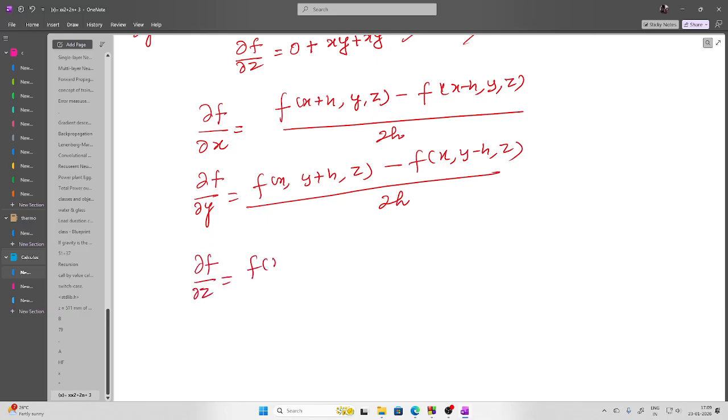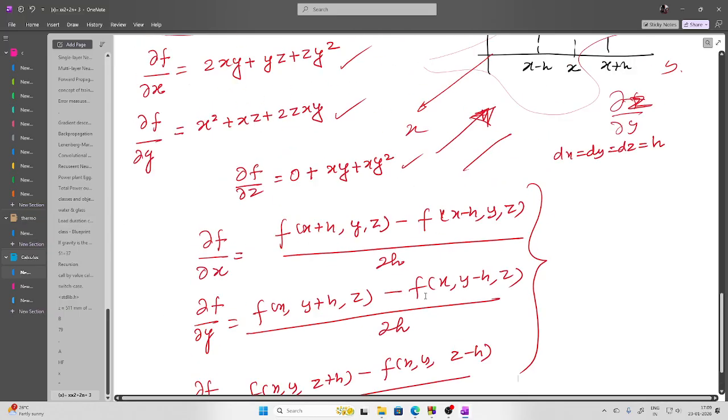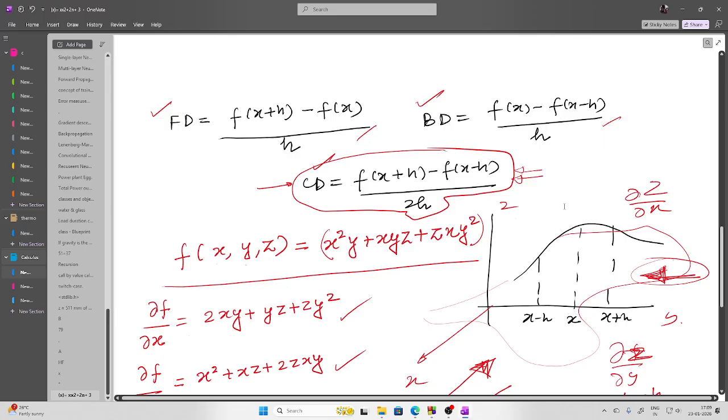So it is f(x, y, z plus h) minus f(x, y, z minus h). That's it. It is so easy. Whatsoever you have done for a single variable in the last lecture, the same thing we will be doing for multivariable. So let us try to solve the same function.